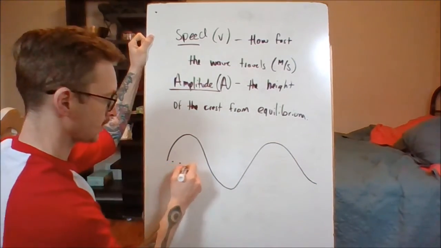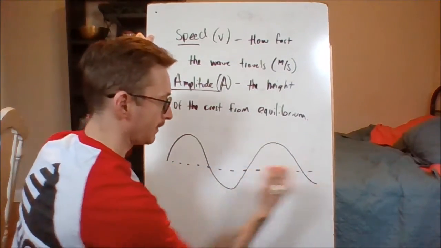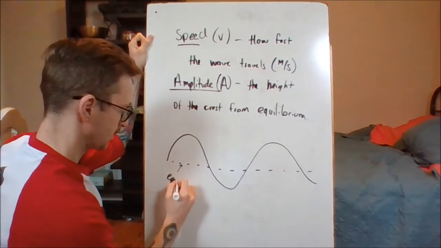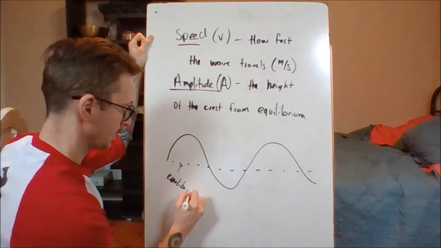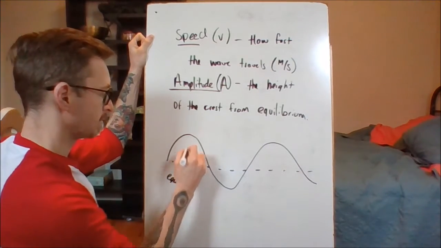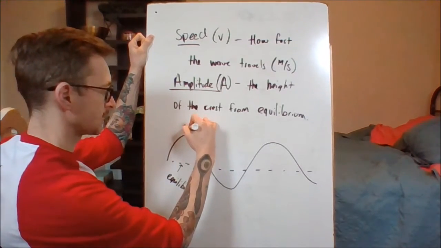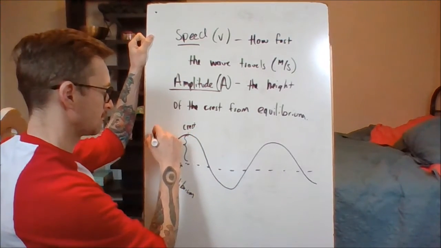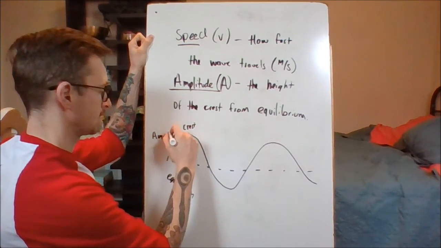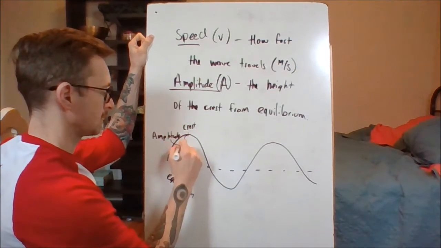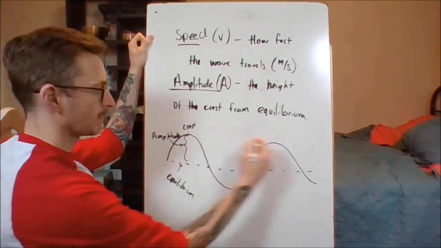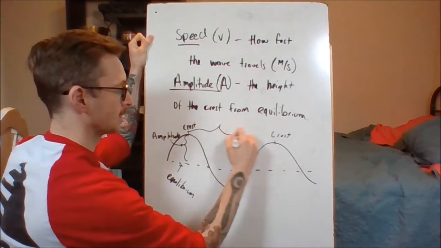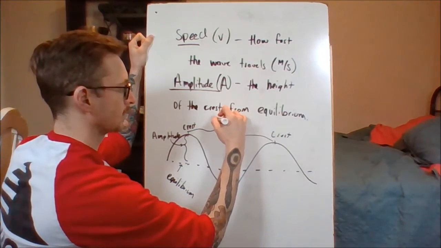Here's our parts of the wave. That line marks the equilibrium. From the equilibrium to this point here, which is the crest, that's your amplitude. From crest to crest, that's your wavelength.